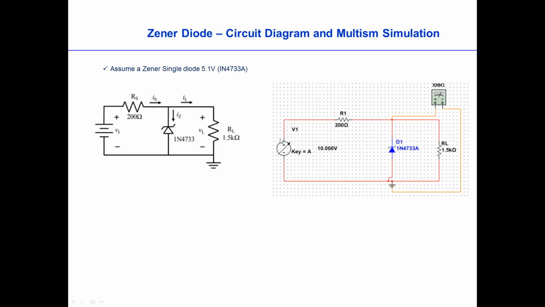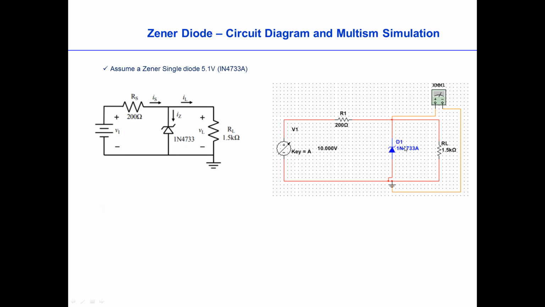So we have the supply voltage input, then the input resistance RS, the load resistance, and this is the Zener diode. Then we have a voltmeter to measure the voltage across the Zener diode.